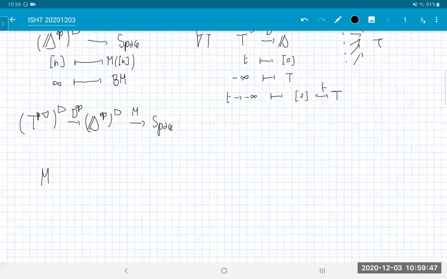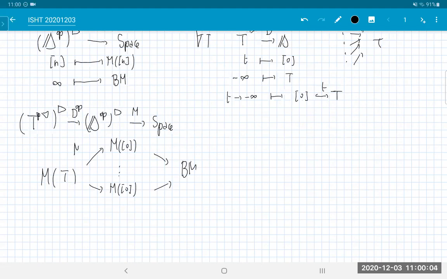Concretely, I have M of t mapping to M of 0, 1 for each point in t, and mapping to BM, which is just by the inclusion of the colimit. And this is just M of the inclusion of t in t.